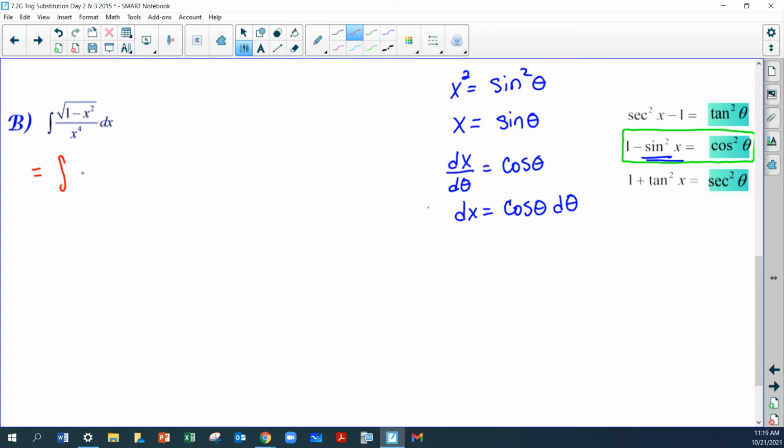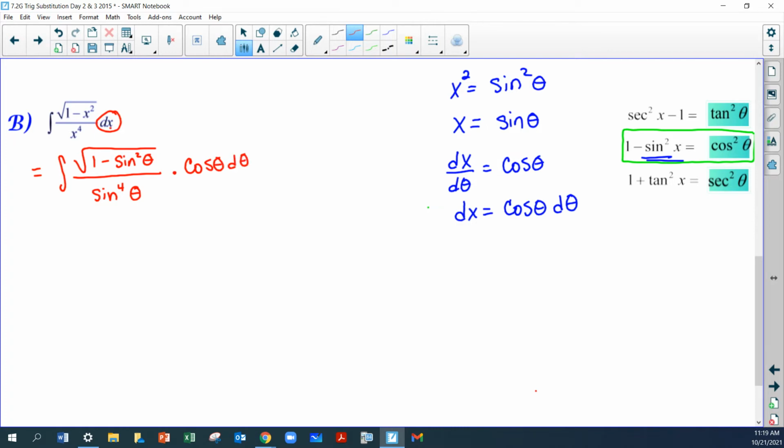All right, now let's do the work. So we said we're going to replace x squared with sine squared theta. X to the 4th would be a sine to the 4th, wouldn't it? Dx changes out for a cosine theta d theta.